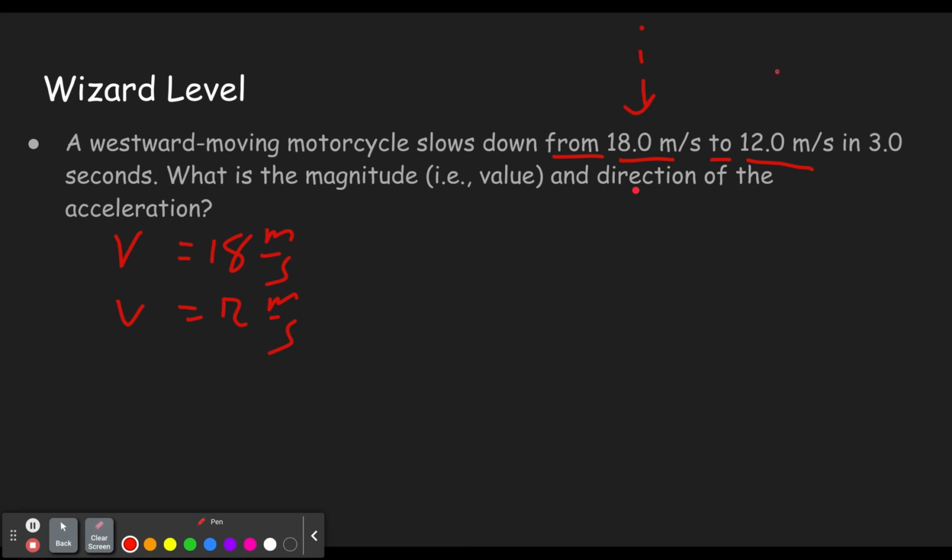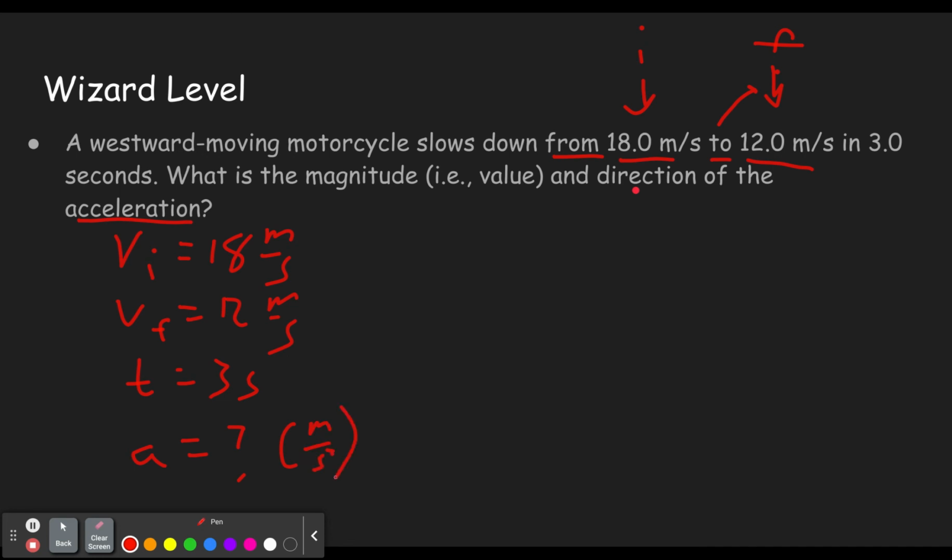That's our initial value, and that means 12 must be the final value. So this is final velocity, this is initial velocity. Time equals 3 seconds. And we're looking for the acceleration, because it says what is the magnitude and direction of the acceleration. That's our unknown. We'll expect it to be in meters per second squared.